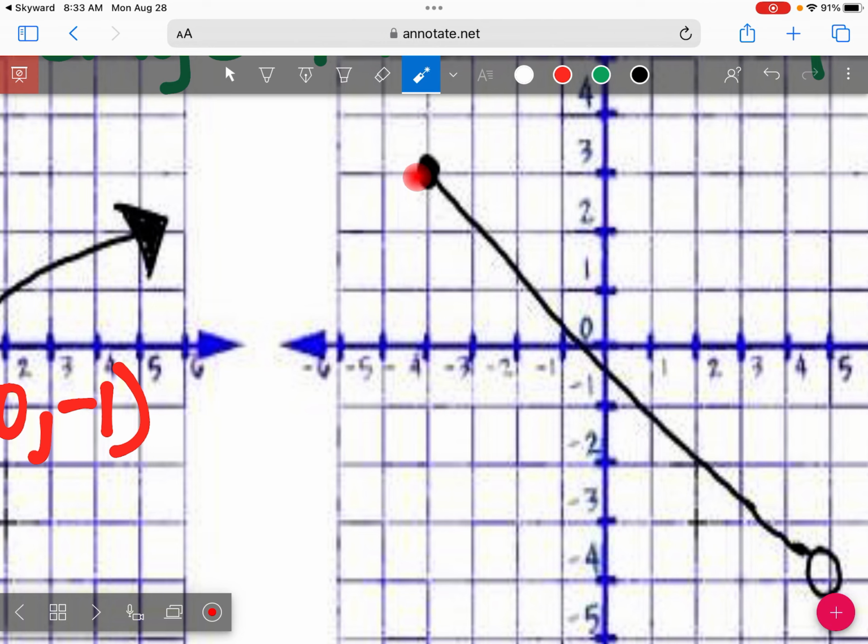So -4, would that get a bracket or a parentheses? A bracket. And then your largest value would be here, which is what? 5. And that's an open circle, so that would get a parentheses. So your domain would be -4 to 5.